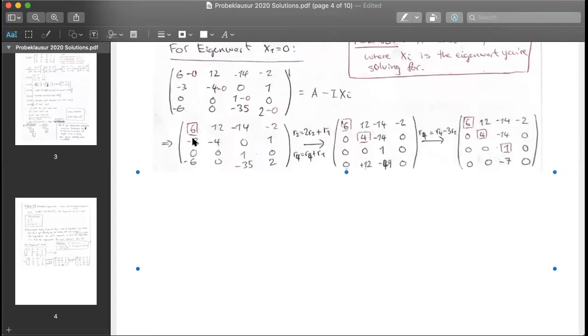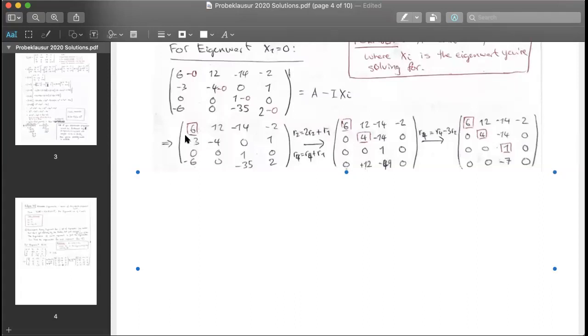First I got to get a 0 here. How do I do that? I can take one of this away from 2 of that. So 1 of the first row added to twice the second row.